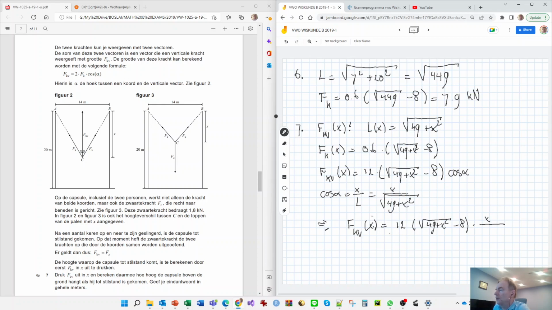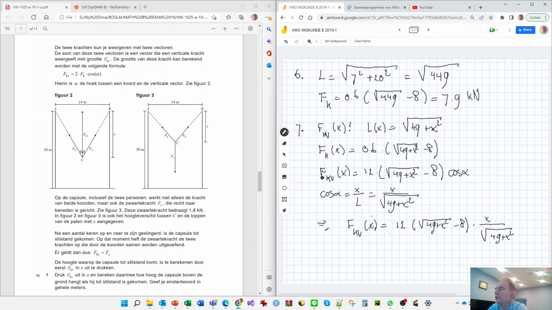Maybe this is not the most pretty way to write it down, but it is definitely what they're asking for. This exactly gives your vertical force as an expression in x.